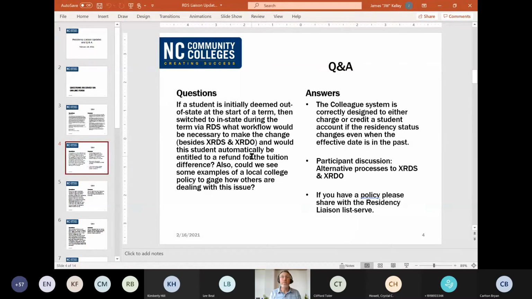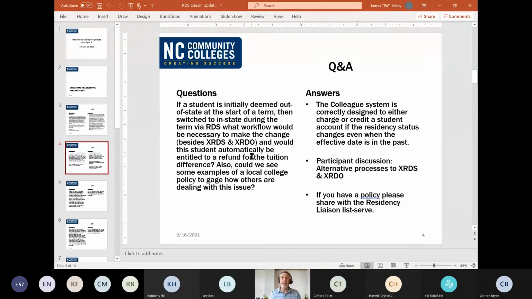If that results in a refund, then the student is allowed to receive that refund, and those are state funds. Those are not interinstitutional funds or anything like that.